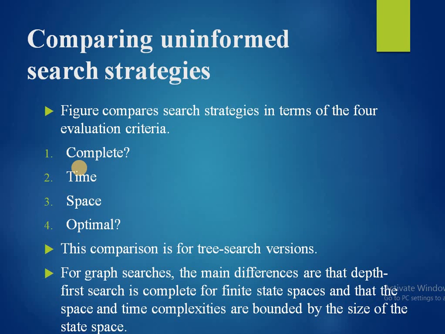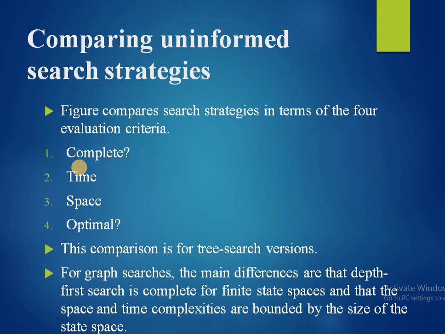So up till now we have seen all the 6 uninformed search strategies. Now we are going to compare all these uninformed search strategies. These search strategies are compared in terms of 4 evaluation criteria: whether it is complete or not, the time criterion, the space criterion, and whether it is optimal or not.